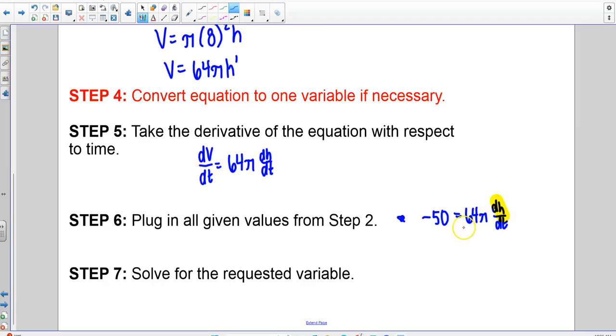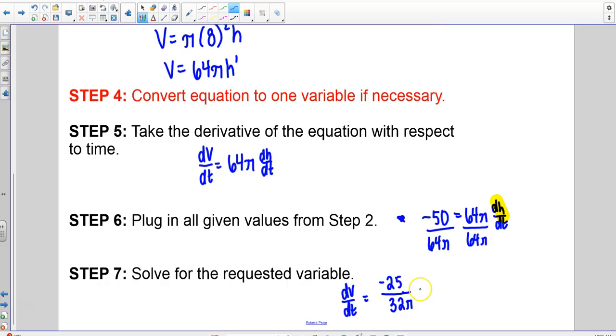To solve for dh/dt, we just divide by 64 pi. It'll reduce there. We'll definitely go negative 25 over, let's see, half of 64 is 32. We want to put units with this. It doesn't reduce anymore, does it? 25 over 32.